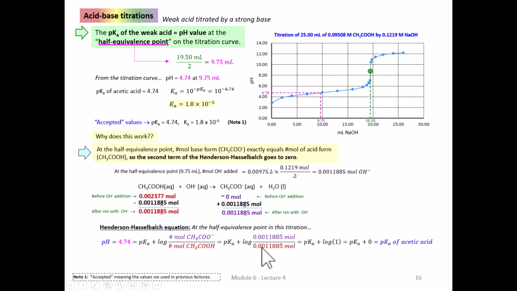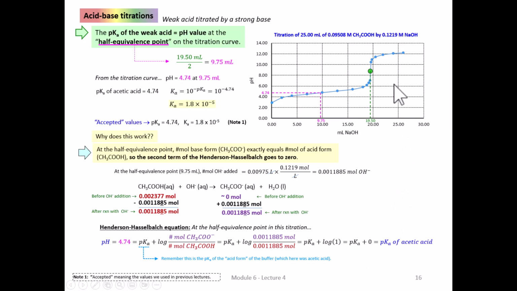In other words, we have the log of 1, and the log of 1 is 0. So we find out that the pH, which is 4.74, is equal to the pKa of acetic acid.